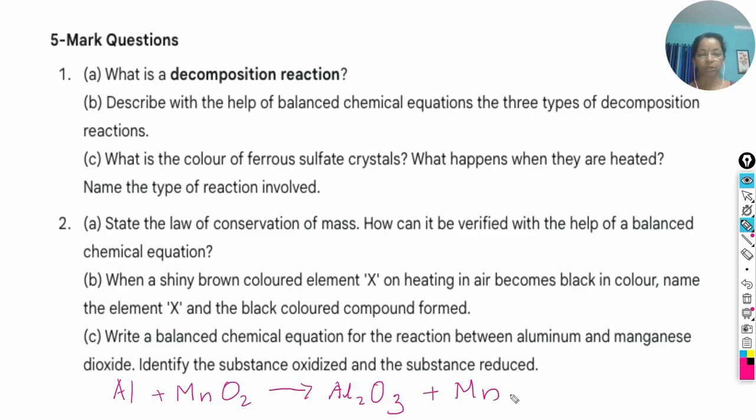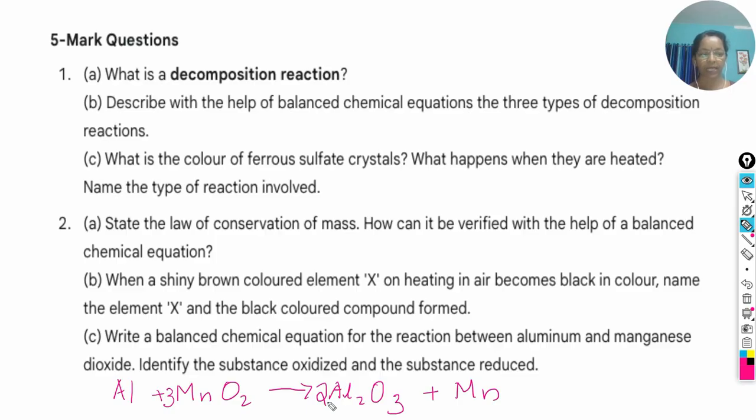Here for aluminum, we will start with oxygen. There are 3 on the RHS and 2 on the LHS. So you have to make it 3 over here so that oxygen is balanced, and 2 over here.